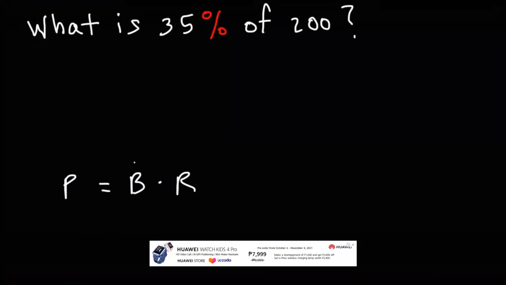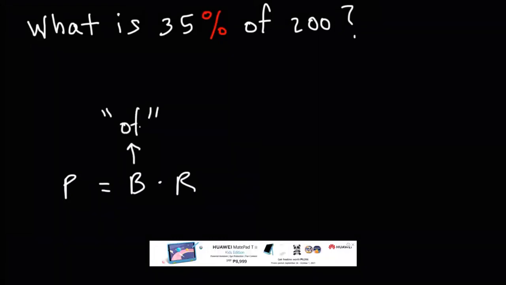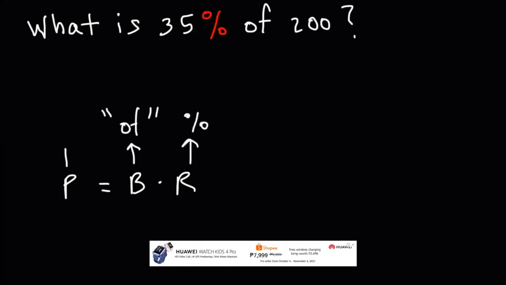So the base is the number that is associated with the word of. The rate is the decimal form of the percentage, and the percentage is the number that is associated with the word is. So looking at this problem, what's P, what's B, and what's R?